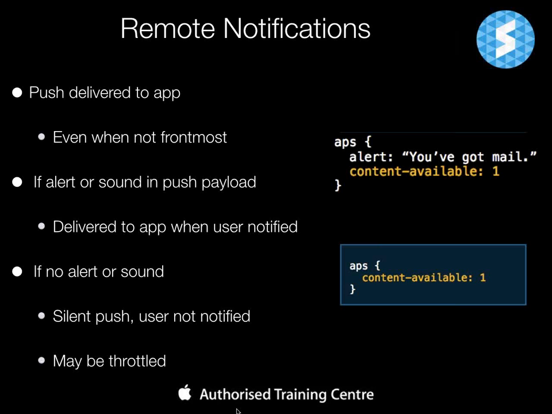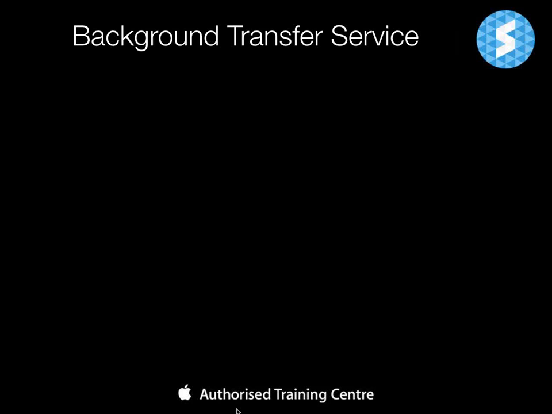So with that, we'll move on to background transfer service. What's background transfer service? This is a service to upload or download data. Even this wasn't allowed in the previous version. Let's say you have an app and you're downloading music in the app, and you try to switch to another app.